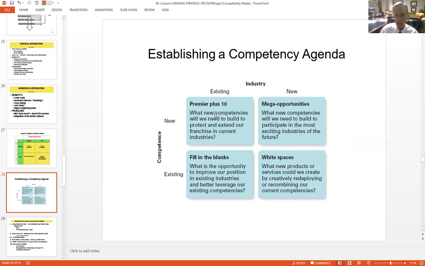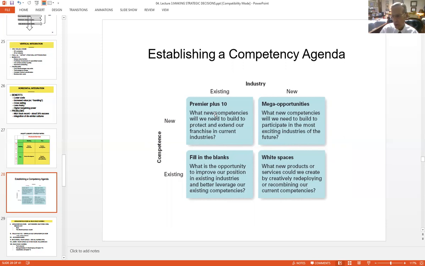It still isn't the size of a Caterpillar, though, so you could argue with me about that. But essentially, we're taking our existing capabilities and using them either to introduce new products and services into a new industry, or perhaps modifying how that industry does business.